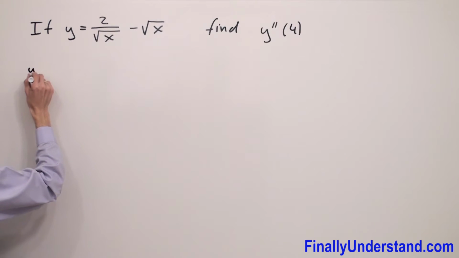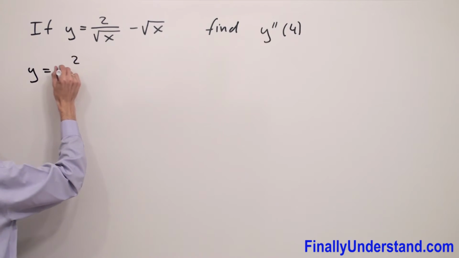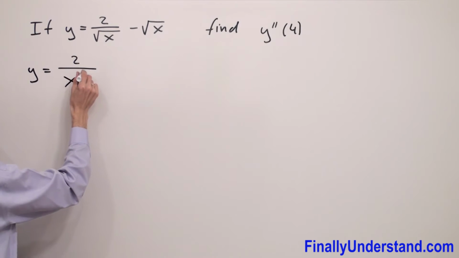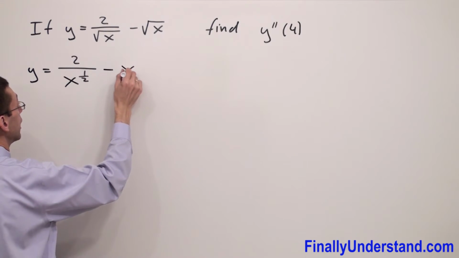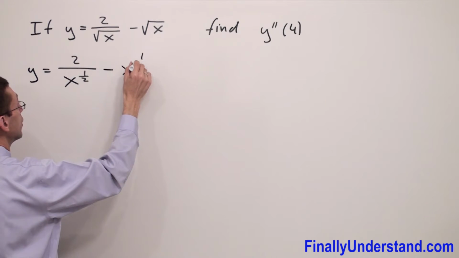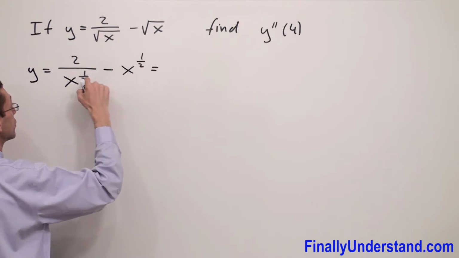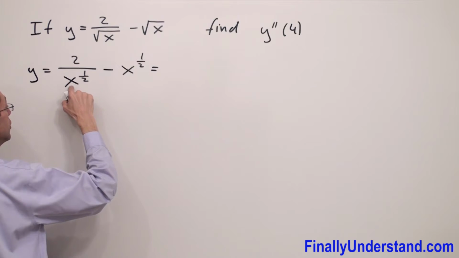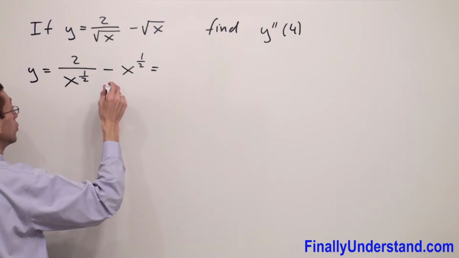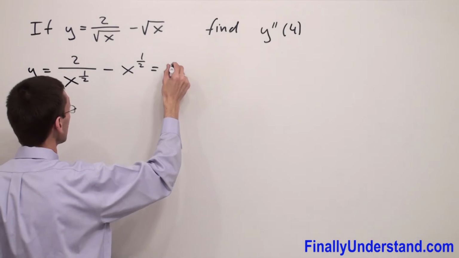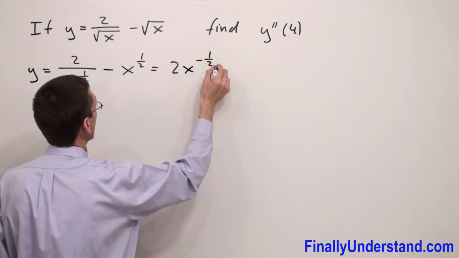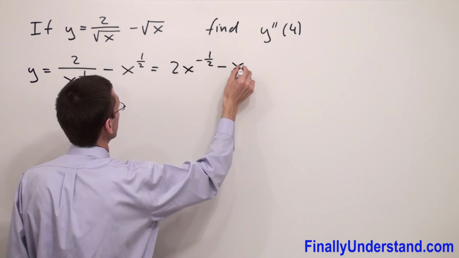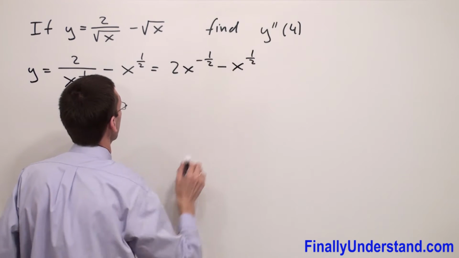So I have y is equal to 2 over x to the power 1/2 minus x to the power 1/2. Because I have x to the power 1/2 in the denominator, I'm going to bring this up. So I have 2x to the power negative 1/2 minus x to the power 1/2.